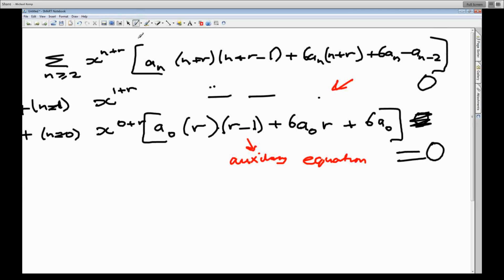But we're going to let R equals -2 to make things easier.